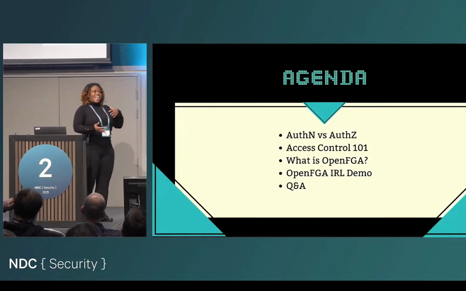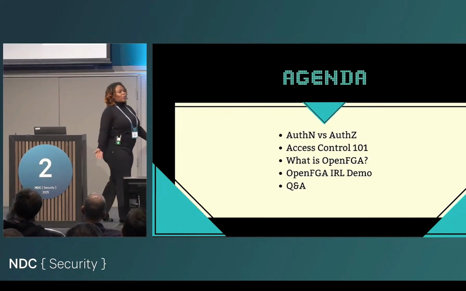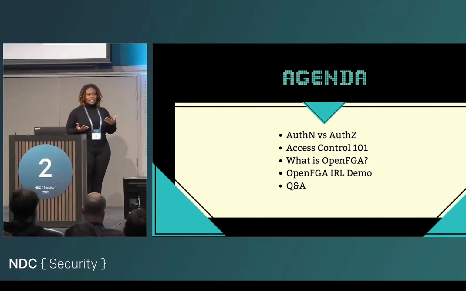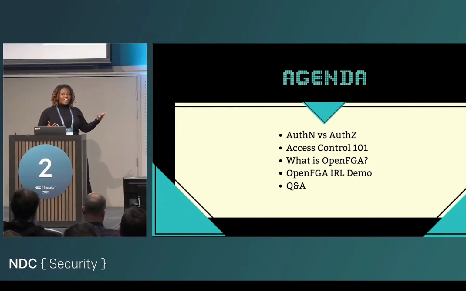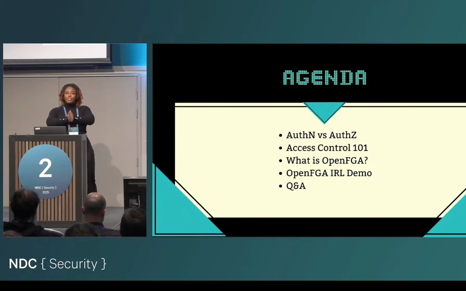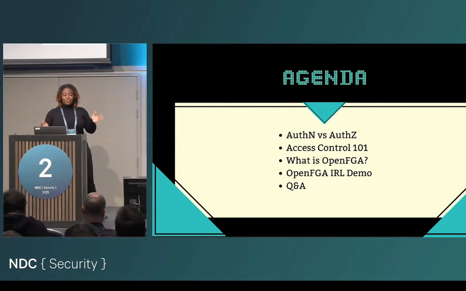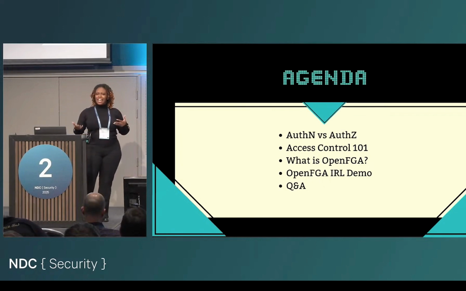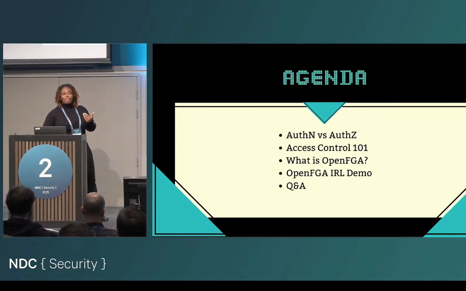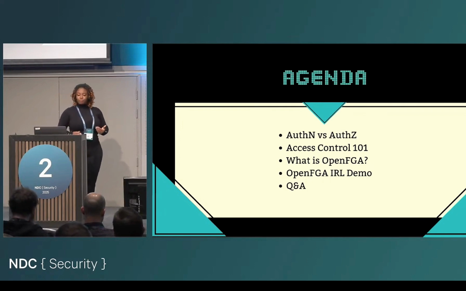So, let's talk about what we are going to go over today. We'll first level set with a brief explanation of authN versus authZ. We'll go over a few popular access control models and talk about the pros and cons of each. And then we'll talk about OpenFGA and where it fits into the authorization picture.